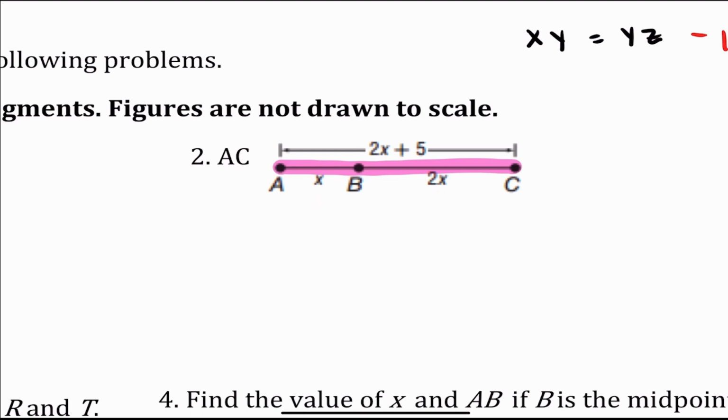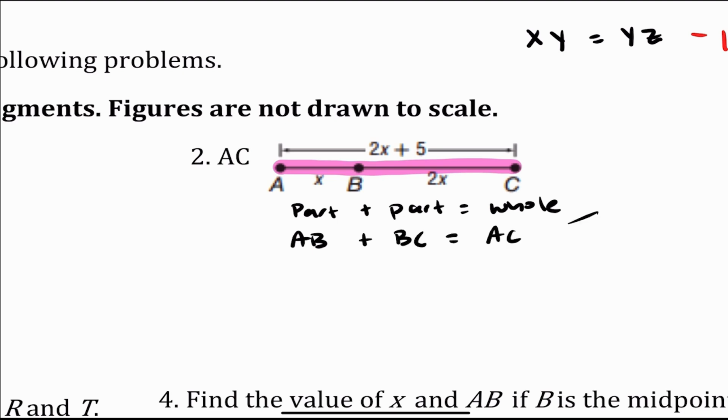But same thing as before, y'all. It's part plus part equals whole. So one of the parts is the measure of AB plus the measure of BC, which is equal to the measure of AC, what I'm trying to figure out.